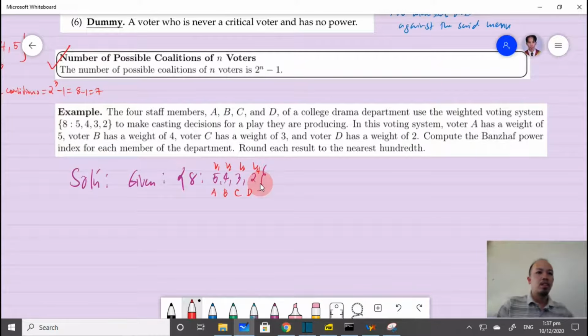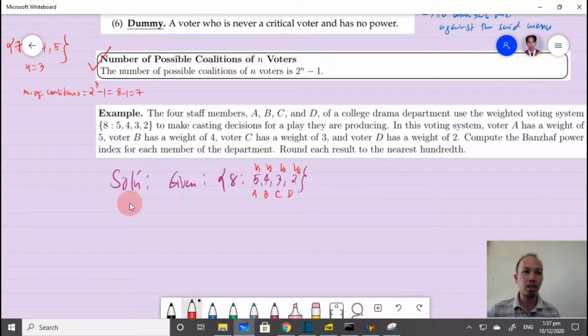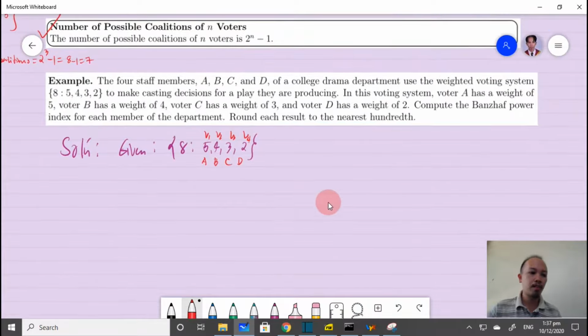As I've said, let's first compute the number of possible coalitions.